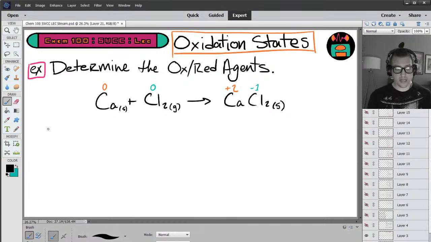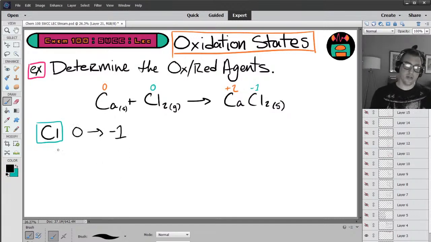Now we can determine what's oxidized and what's reduced. If we look at chlorine, chlorine starts at 0 and ends at negative 1. So we say that chlorine is reduced. I'm just going to abbreviate it.